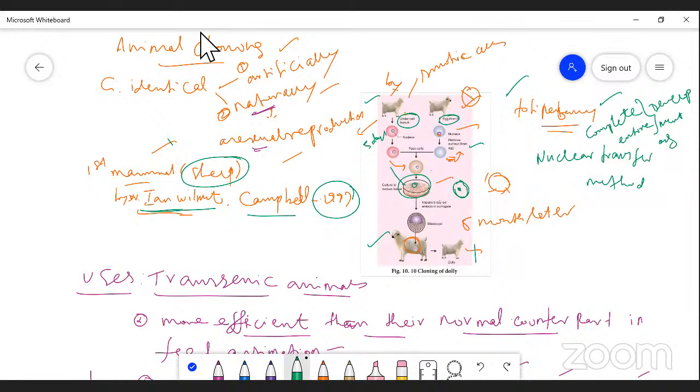Dolly, the clone, was produced with the help of only somatic cells, and also without the process of fertilization. In this way, the first cloned mammal, Dolly, was produced.